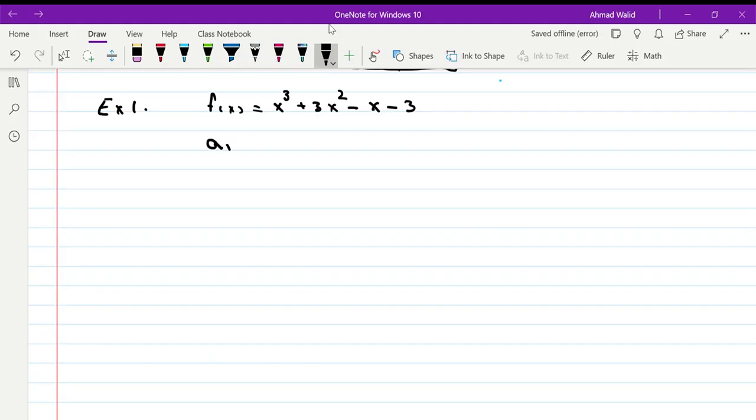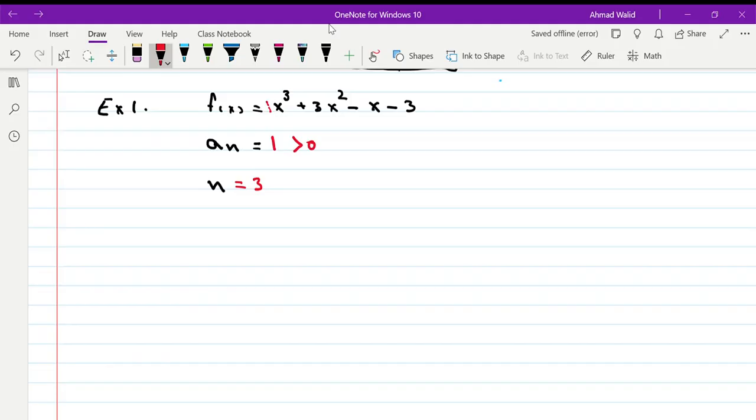It means look for the a sub n and look for the n. How much is a sub n, the leading coefficient? Here you see the coefficient of the highest exponent, which is 1. And immediately you know 1 is a positive number. It's greater than 0. Correct? How much is the highest exponent, or the degree of your polynomial function? The degree of your polynomial function is 3.